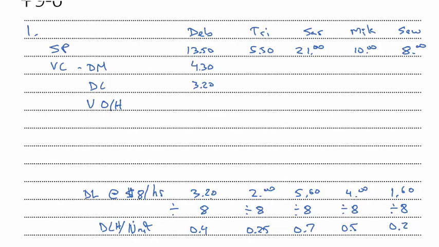Okay, so if variable overhead is going to be $2 per direct labor hour, then we should be able to say, okay, $2 times 0.4 is going to be 80 cents. All right, so now looking at the Trish here, direct materials, $1.10, direct labor, $2, variable overhead, $2 times 0.25 is going to be 50 cents.